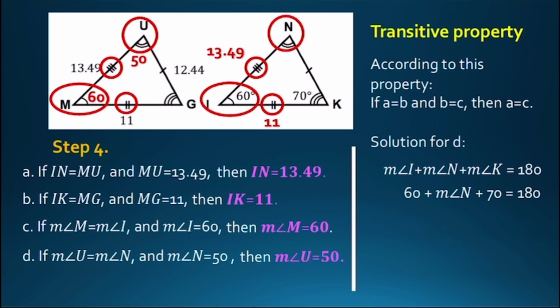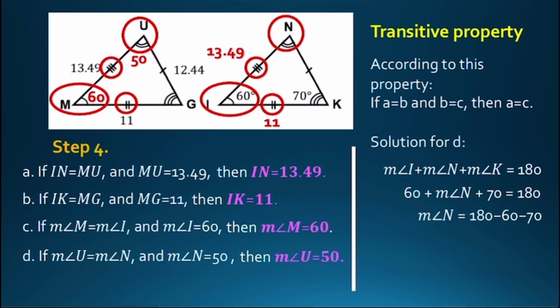So now, let's combine similar terms. We're going to transpose 60 and 70 to the other side. So it will become the degree measure of angle N is equal to 180. From positive 60, it will become negative 60, or minus 60.